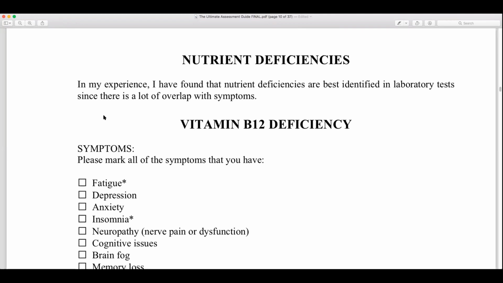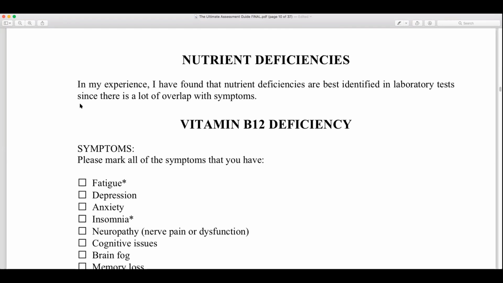Nutrient deficiencies. So now we really switch from most of those we can really determine based off of the subjective experience, the symptoms, whether or not someone has some of those deficiencies, to labs. Okay, so I have found that nutrient deficiencies are best identified in laboratory tests, since there is an overlap in symptoms.